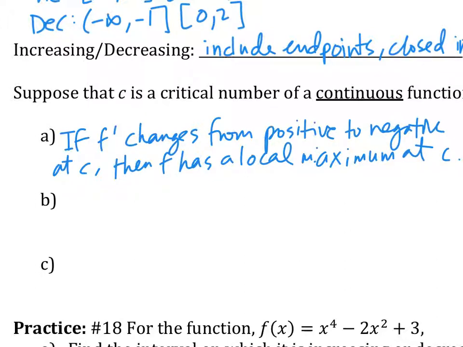So that's your justification. So someone asks you, how did you know that this is a local max? You say, oh, because f prime changes from positive to negative at x equals blah.